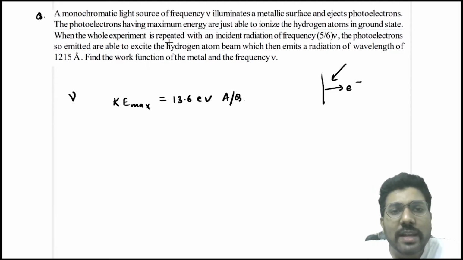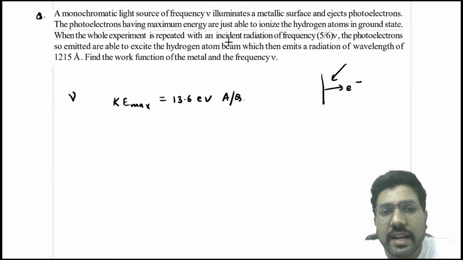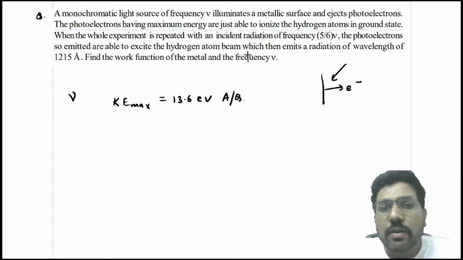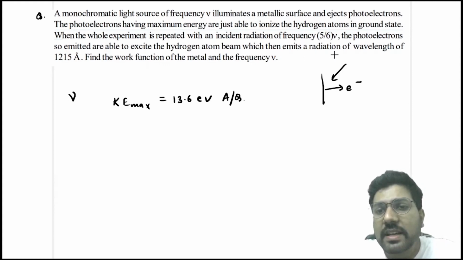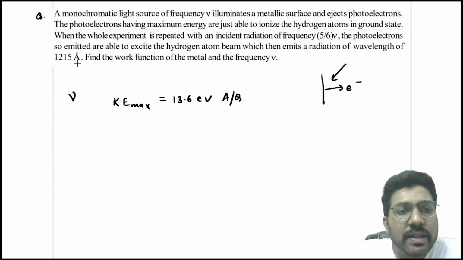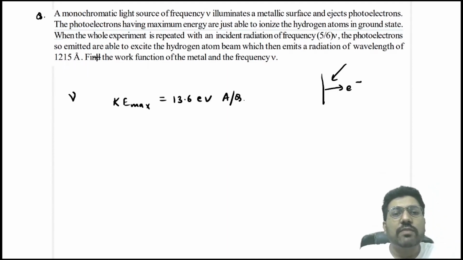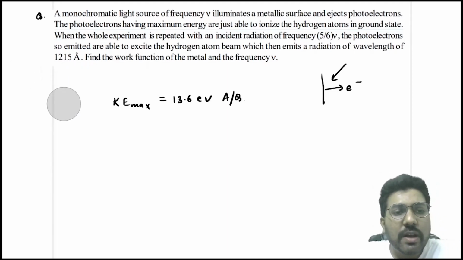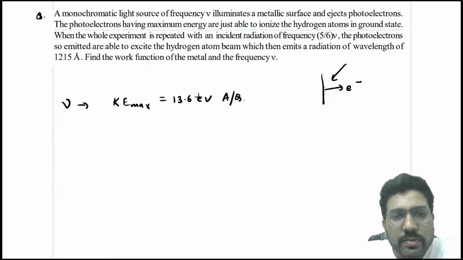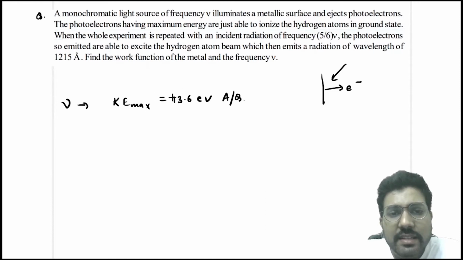Now, when the whole experiment is repeated with an incident radiation of frequency 5ν/6, the photoelectrons so emitted are able to excite the hydrogen atom beam, which then emits a radiation of wavelength 121.5 nanometer. Then find the work function and the frequency. If the frequency is ν, the KE max is 13.6.